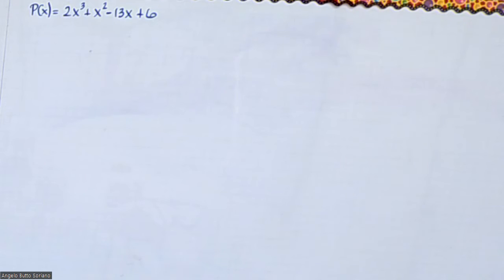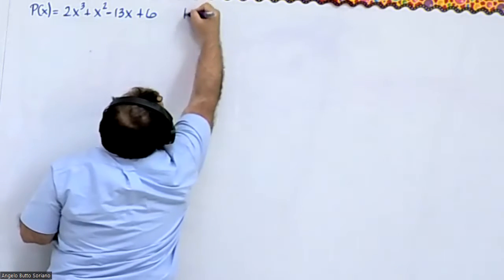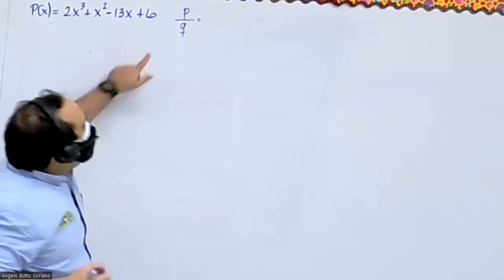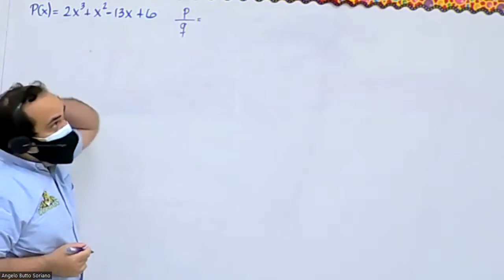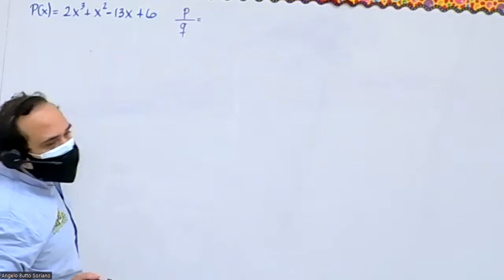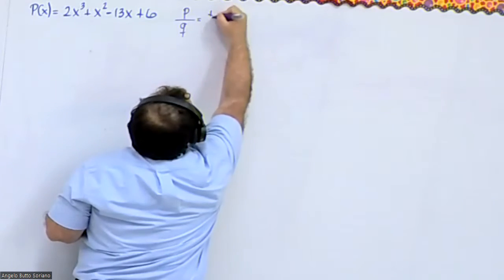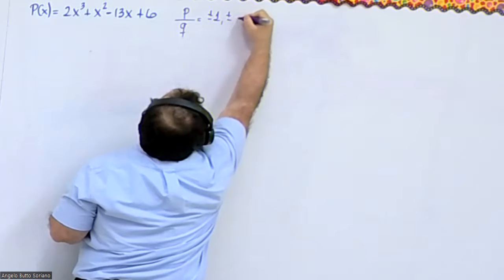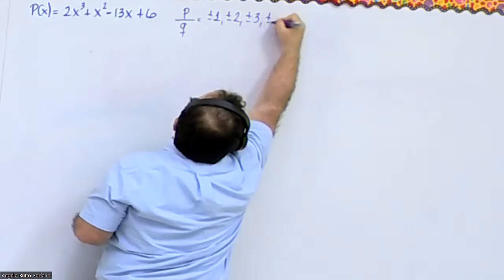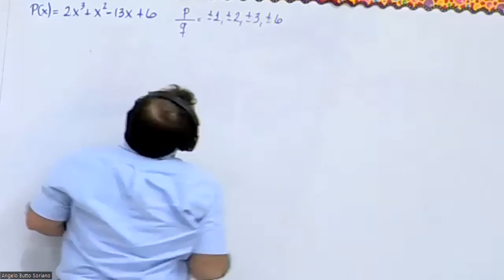So in this second example, we have to find the zeros of the function. Remember, we must determine the p factors versus the q factors. The p factors are the multiples of the independent term, I mean the last number. What are the multiples of 6? Positive and negative 1, 2, 3, and 6.